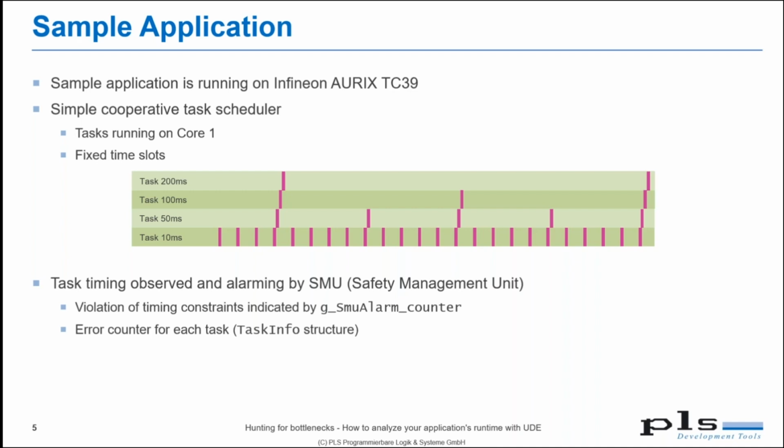If it's not the case, then an alarm is issued by the SMU, which is the safety management unit of the AURIX. We will see the occurrence of these alarms by looking at the specific variable G_SMU alarm counter. You will see it later in the demo.